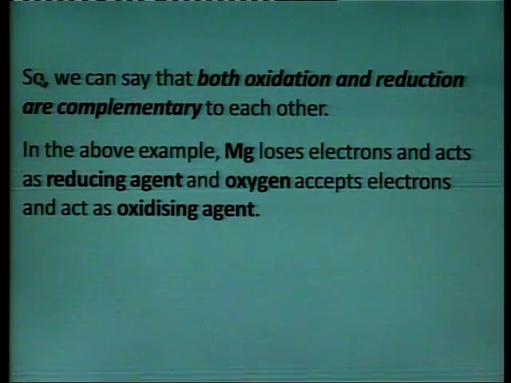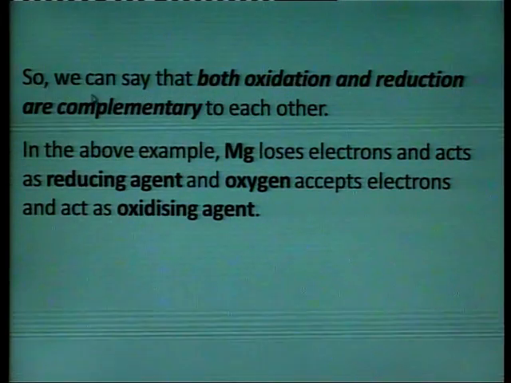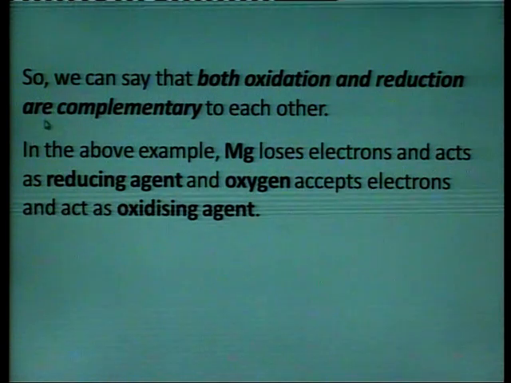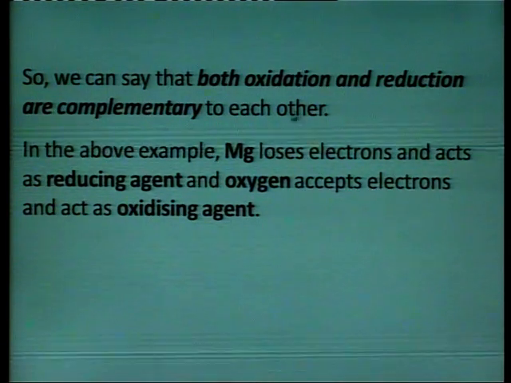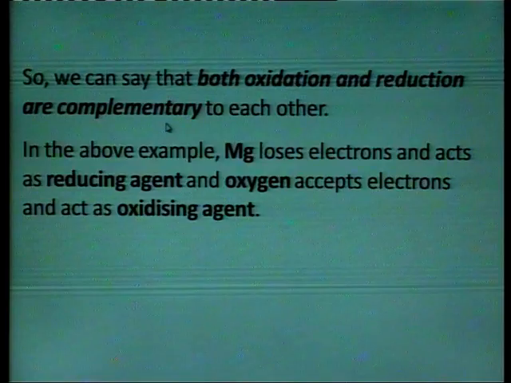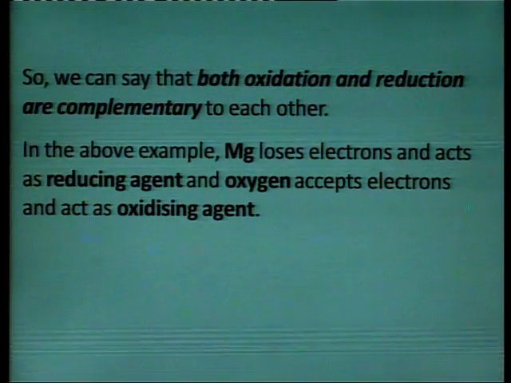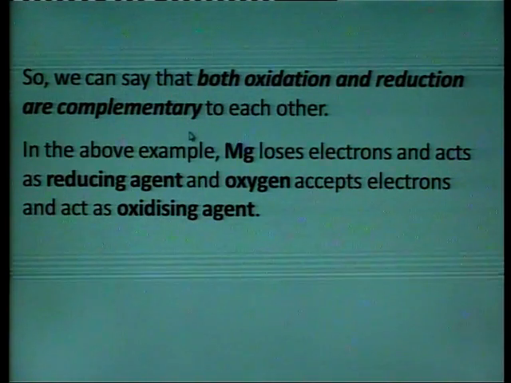So, from this explanation we can conclude that both oxidation and reduction are always complementary to each other. Complementary means they always occur simultaneously, or you can say that these go side by side.